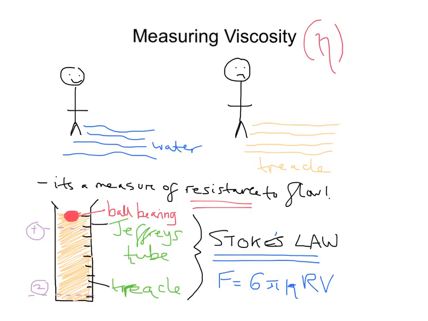Now we've got a value for F to just get this particular value here, a value for viscosity. And if we rearrange this formula, it essentially becomes viscosity equals mg, and that represents our value for force, over 6 pi rv. R being the radius of the ball bearing and v again being the speed that we've calculated it moving.